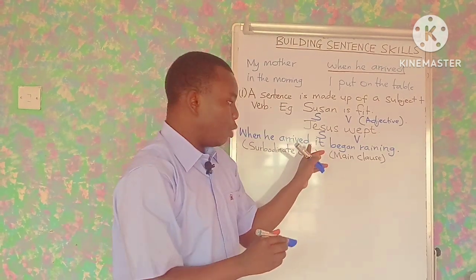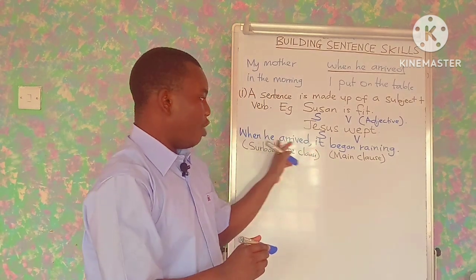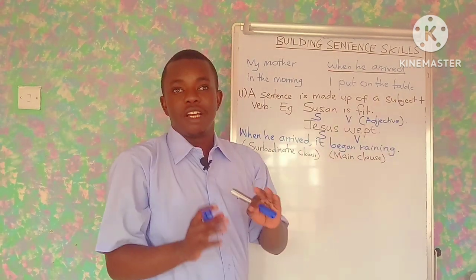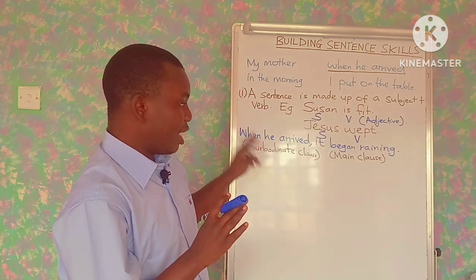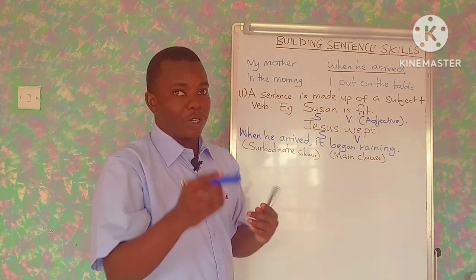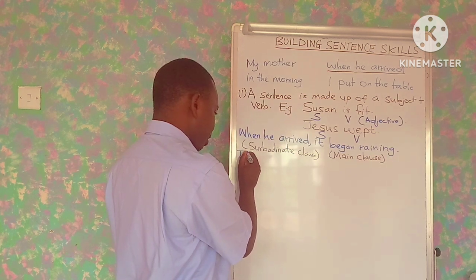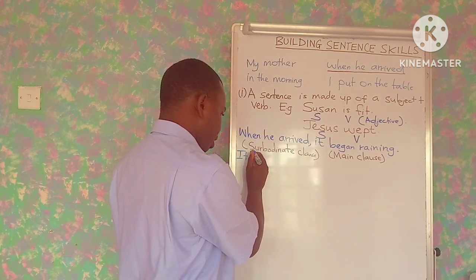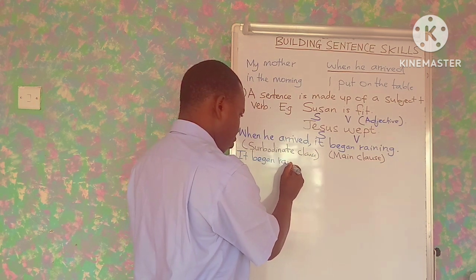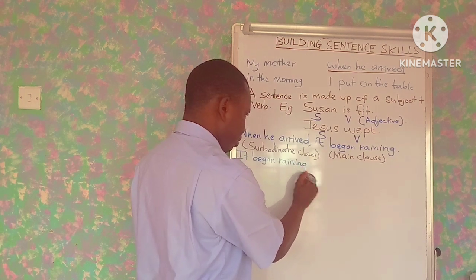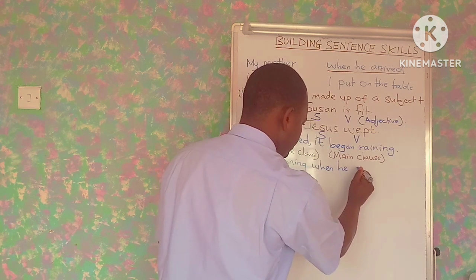Remember that when we begin with the subordinate clause, there is a comma that separates the subordinate clause from the main clause. But when we begin with the main clause, then there is no comma to separate them, as is shown here. It began raining when he arrived.